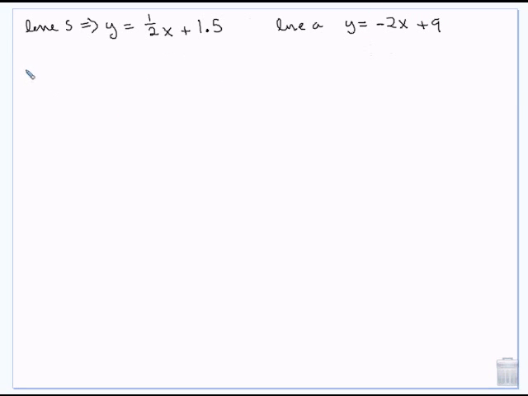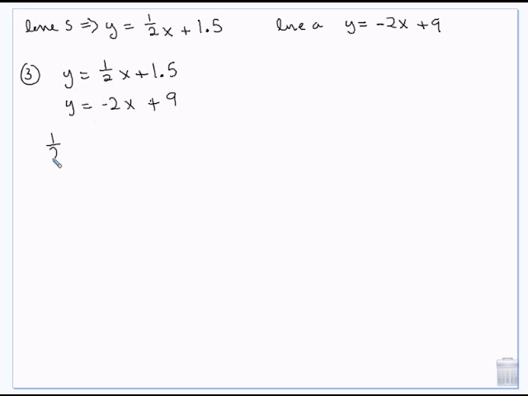Okay. So I have to find the point of intersection. I can either do substitution or I can do elimination with multiplication. Do you guys remember any of those? Okay, well these are both y, right? So y is the same thing as y, yes?